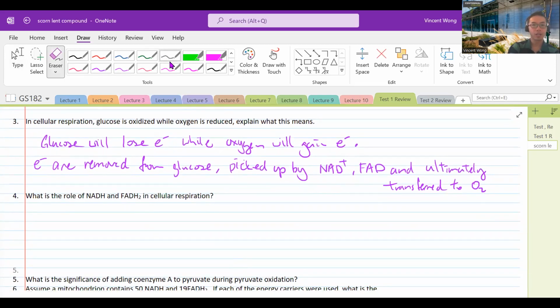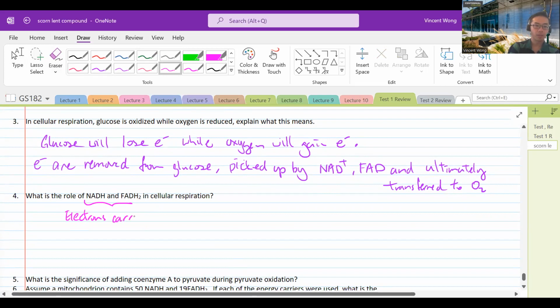So talking about energy carriers here, what is the role of NADH and FADH2? These are energy carriers, electron carriers, which is the same thing in our case because these electrons are high in energy.